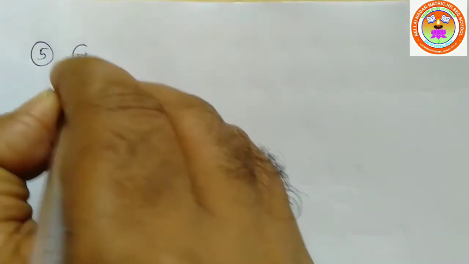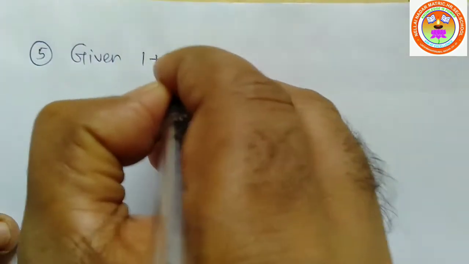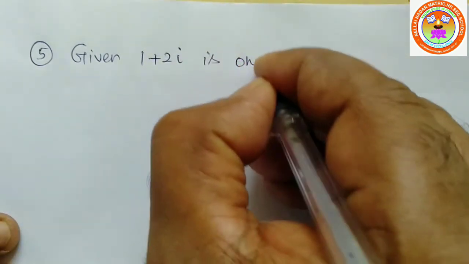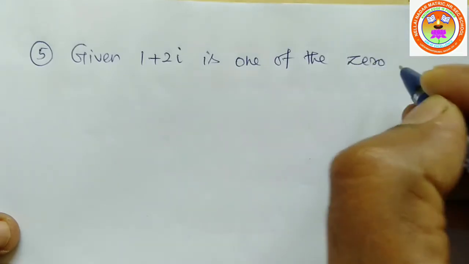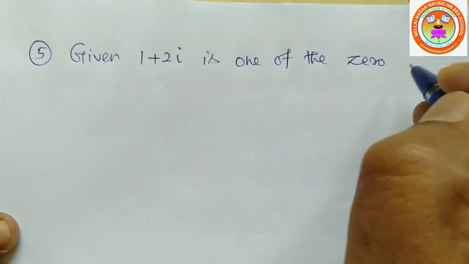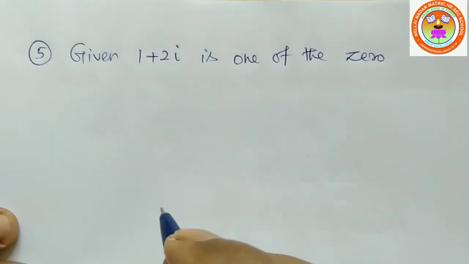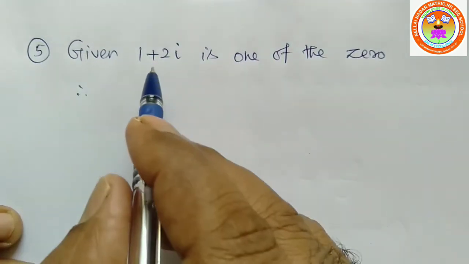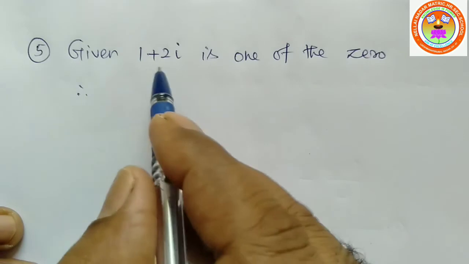So given that 1 plus 2i is one of the zeros. Therefore, see, the zero is a complex number.